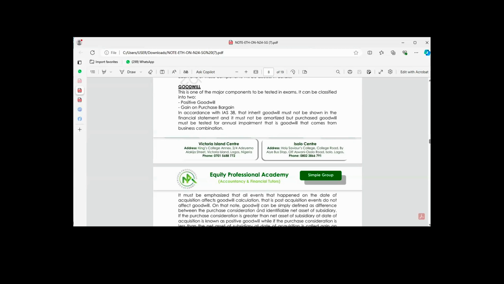On that note, goodwill can be simply defined as the difference between purchase consideration and the identifiable net asset of the subsidiary. If the purchase consideration is greater than the net asset of the subsidiary at acquisition, it's known as goodwill.